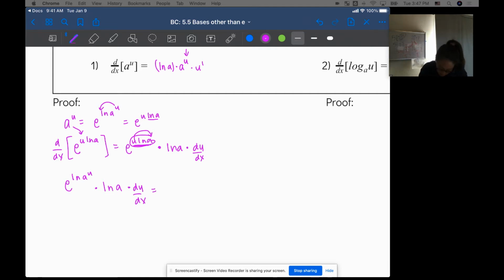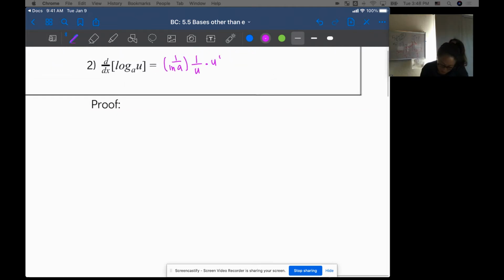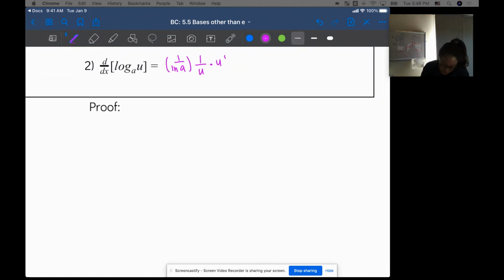Isn't this just equal to a to the u, right? Back in the very beginning here, a to the u times the ln of a times du dx. Ta-da!